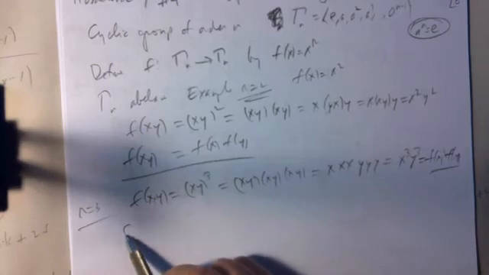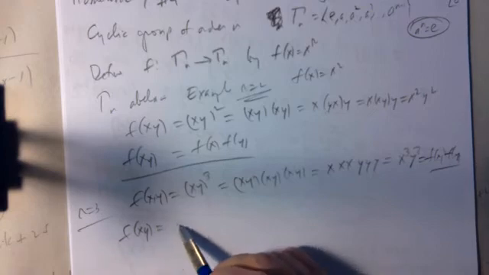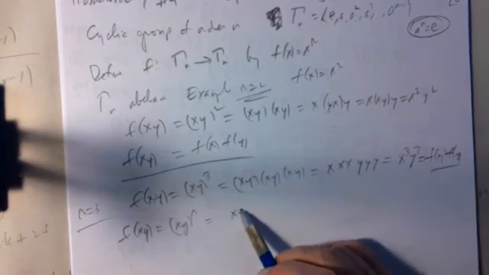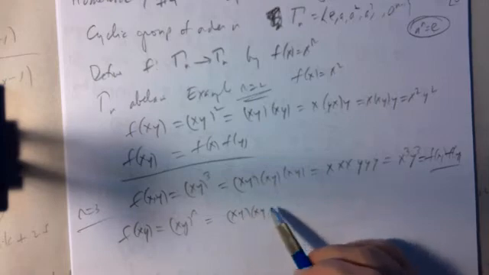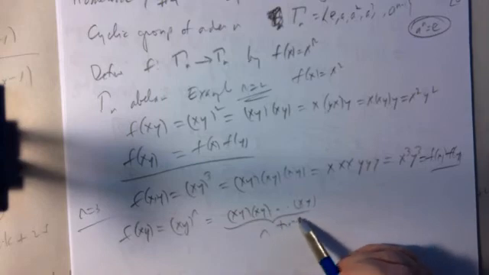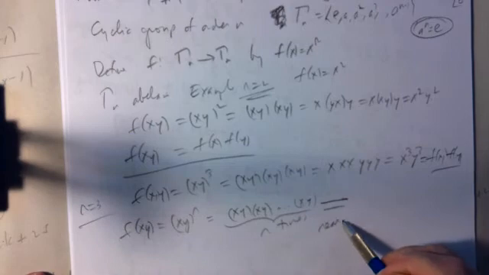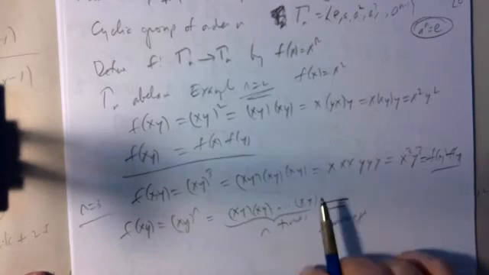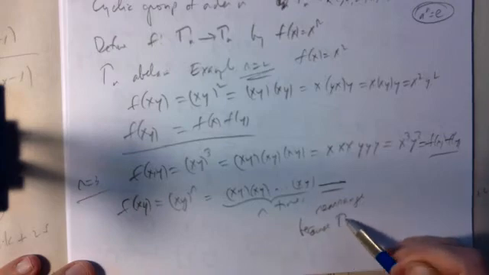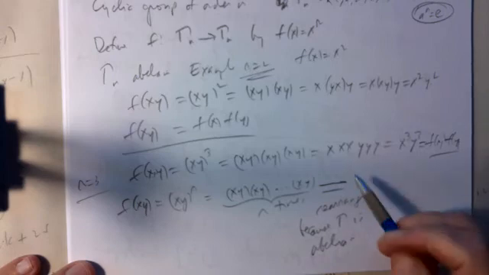And in general, for any r, f of xy is xy to the power r, if r is positive. This is xy, r times. And you can rearrange because gamma n is abelian.